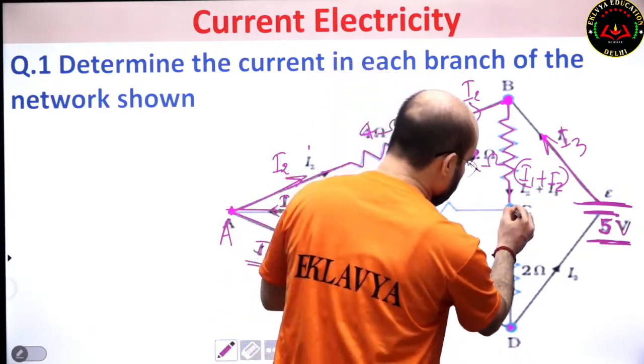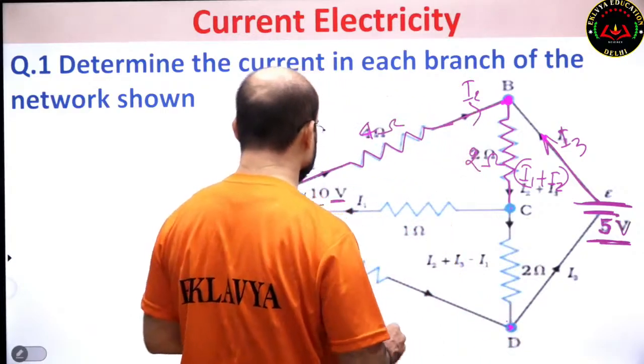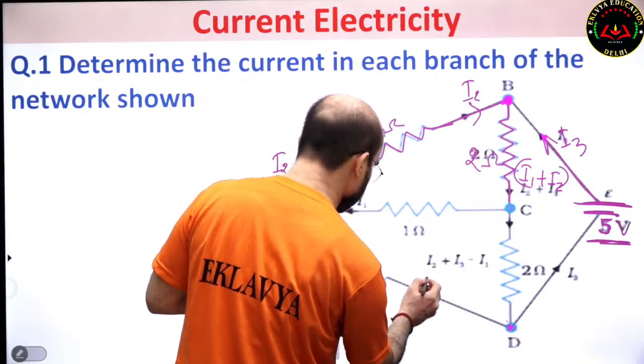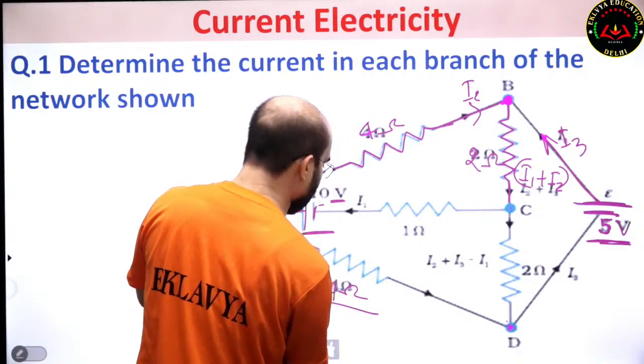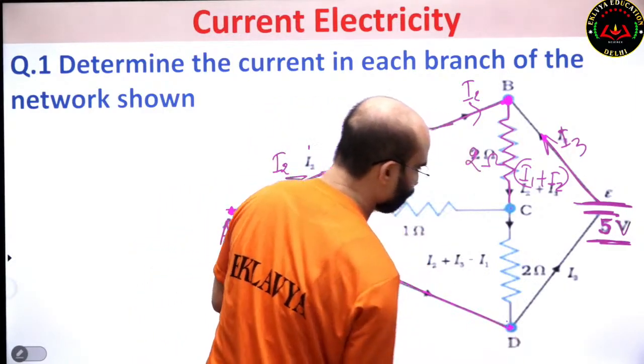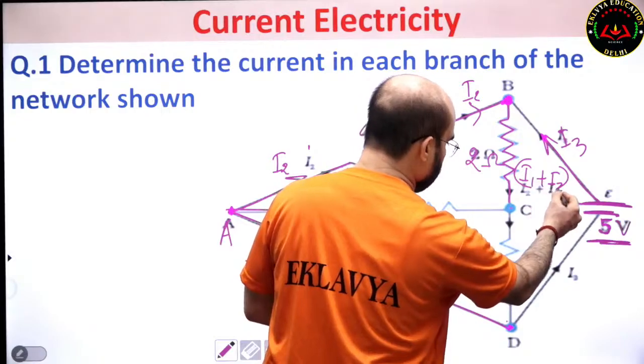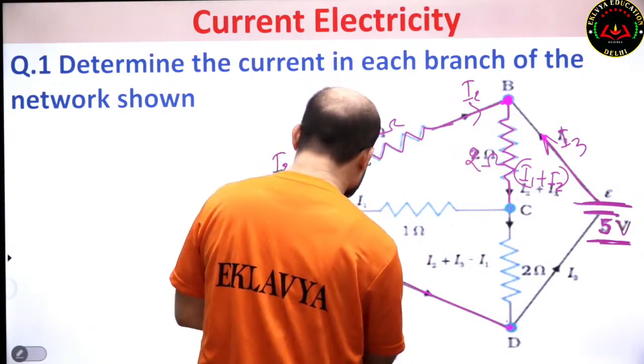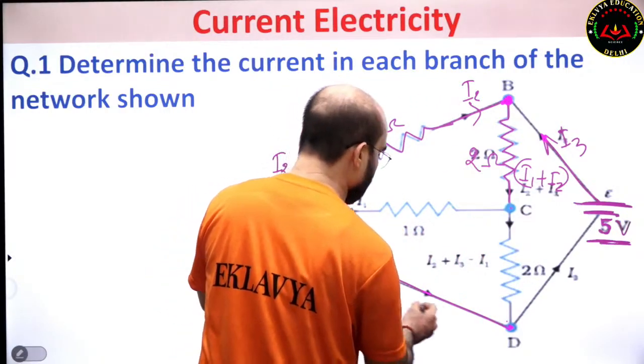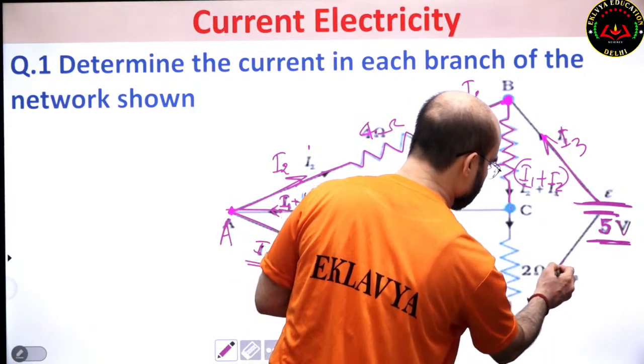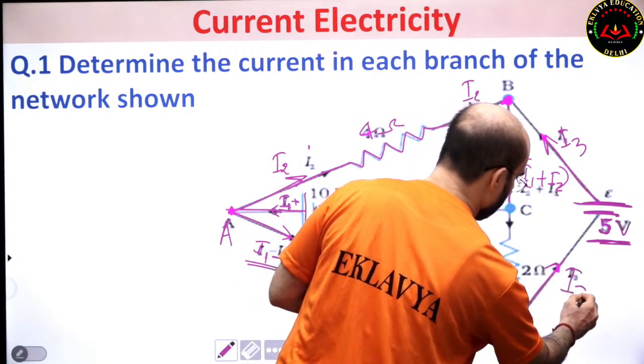Now, from C to D, if you look at what current is coming in, I1 minus I2, and from this I1 plus I2 current is coming. This is I3, sorry, this is I3.